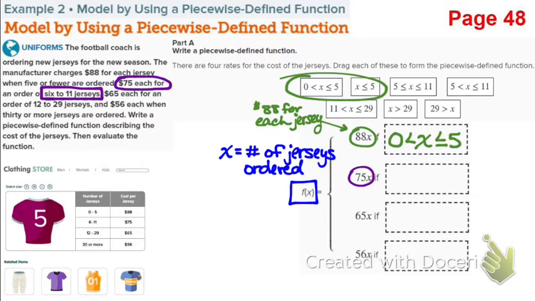That looks almost identical to this one, right? Why wouldn't I go with this one? What's different about these two? Says less than or equal to, right? So this one says if I have exactly 5 jerseys, it would meet this. But I already know how much I'm going to pay if we get exactly 5 jerseys. How much are we going to have to pay for each one if we get 5?